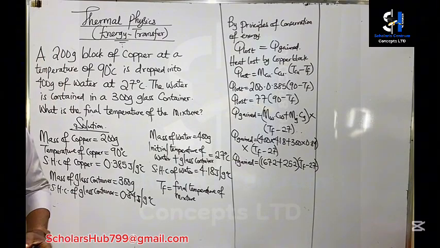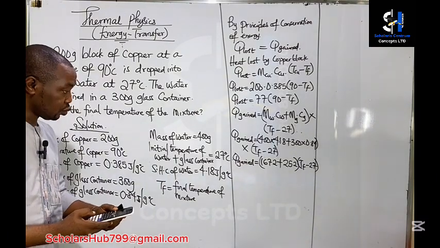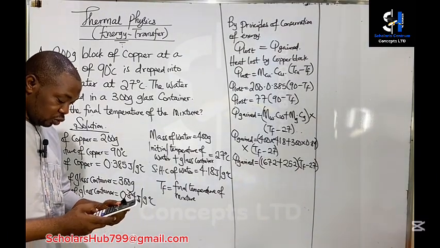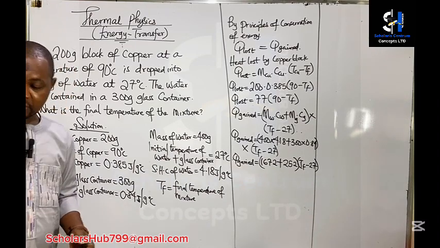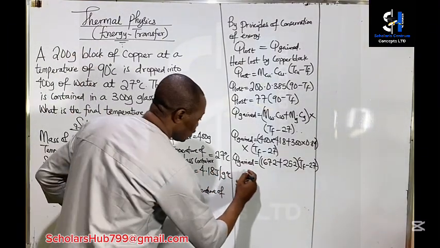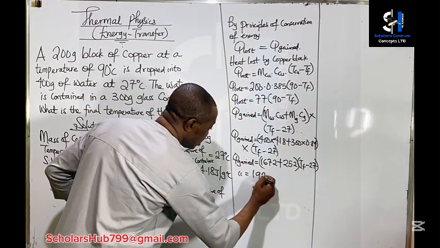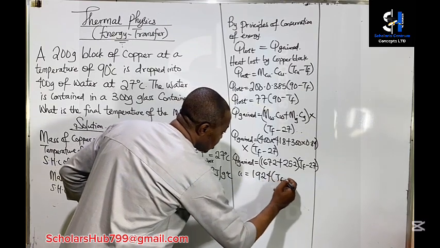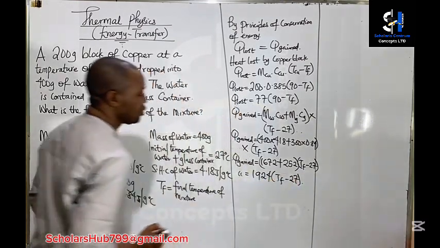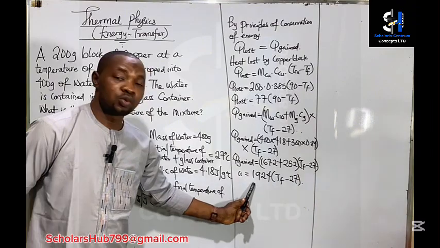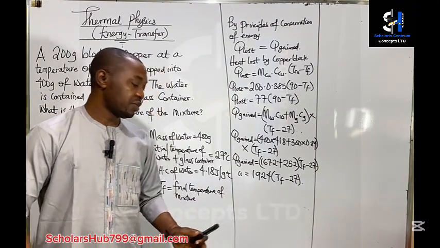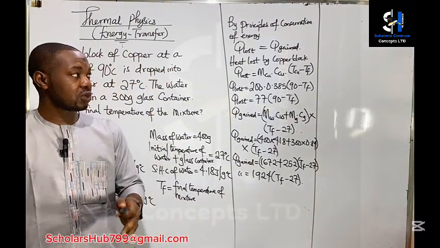So 252 added to 1672 will be 1924. All right, so this will be 1924 multiplied by TF minus 27. This is the equation for the heat gained by the water and the glass container.